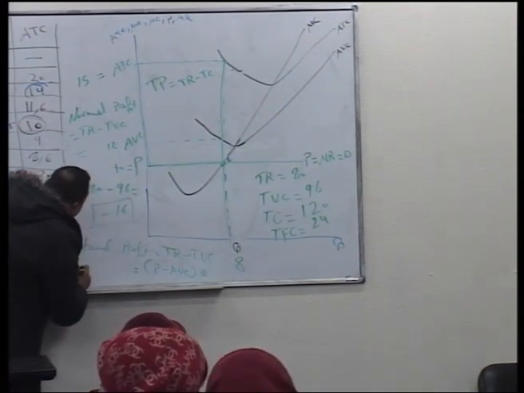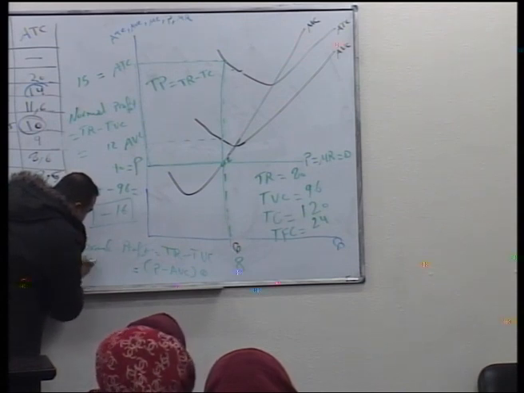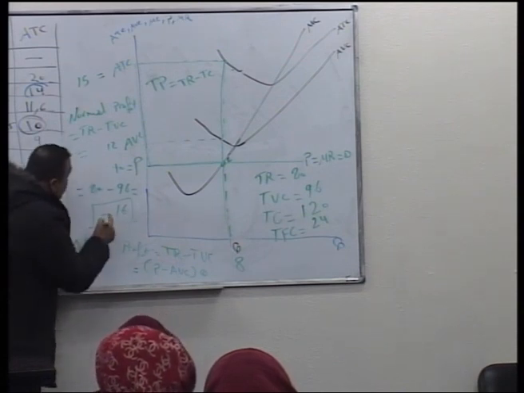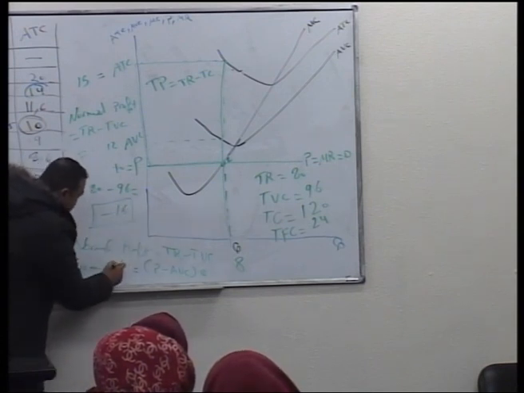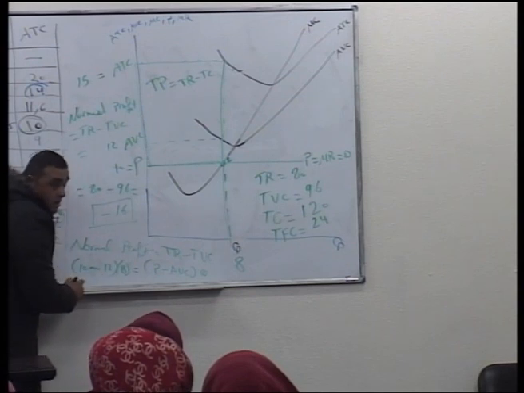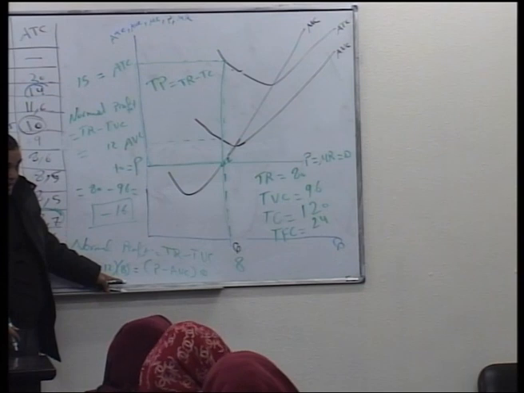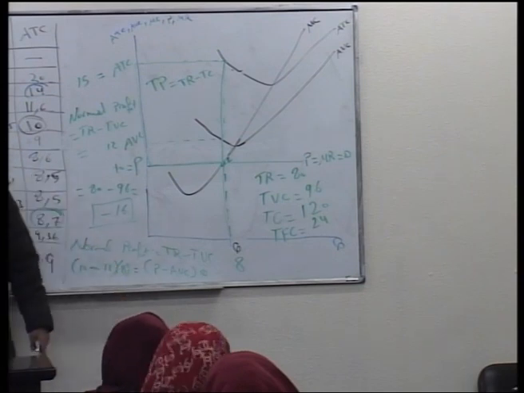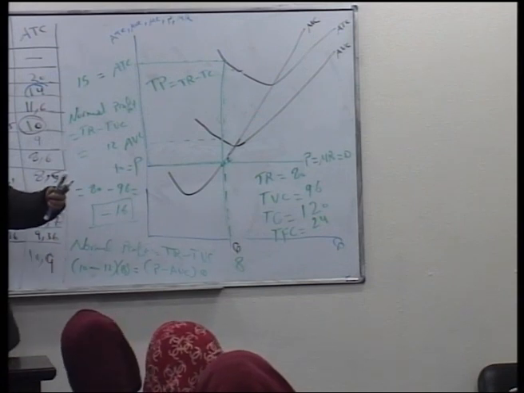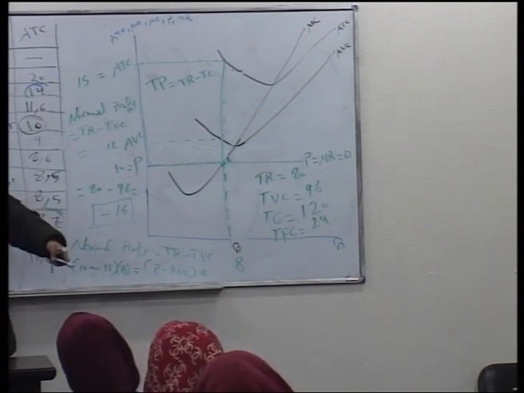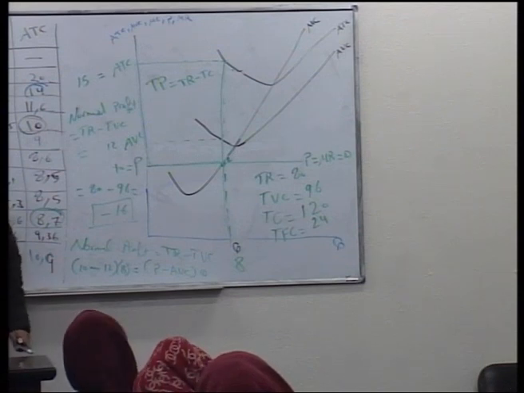The price is 10 minus AVC 12, all times the Q at this point, 8. The same result: minus 2 times 8 equals minus 16. So I can get it from price minus AVC times the Q. Okay.